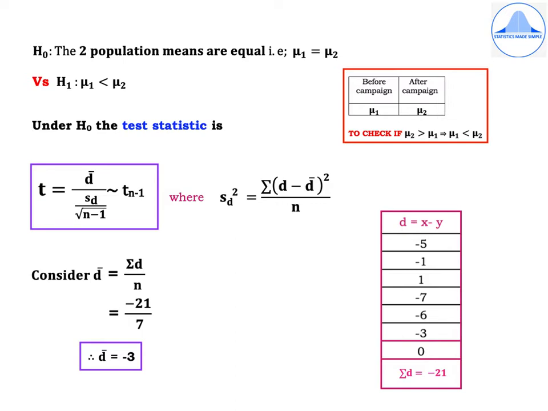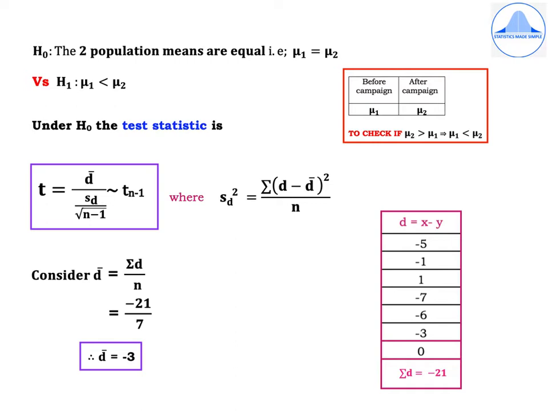Next, we will write H naught: the two population means are equal, that is mu1 equal to mu2. Now let us learn how to write H1. Observe in the red colored box highlighted on the right side of the slide, we have the mean sales before campaign denoted as mu1 and the mean sales after campaign denoted as mu2.